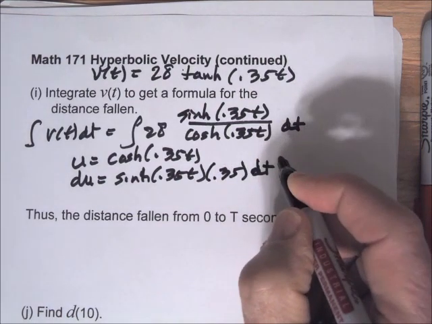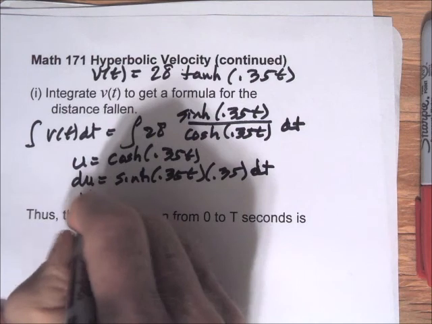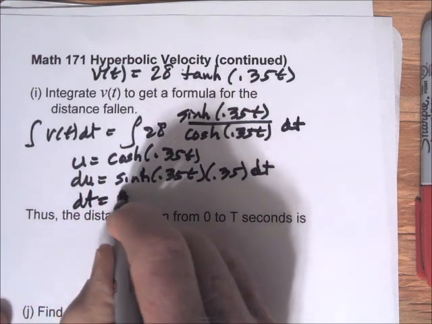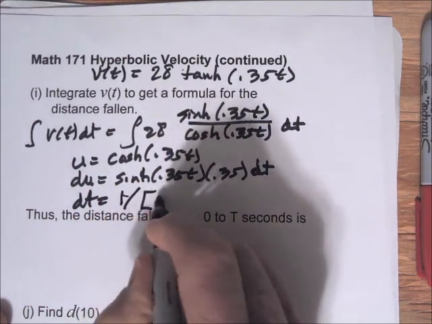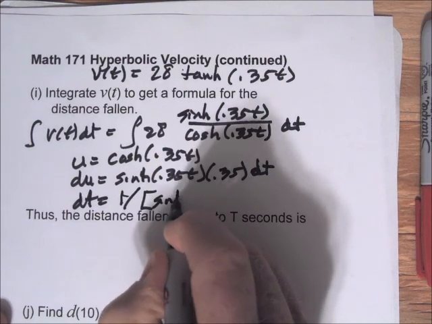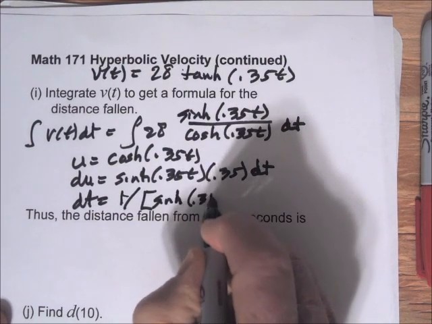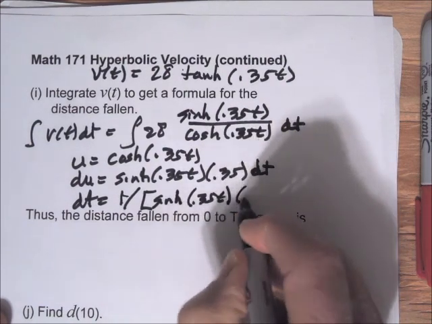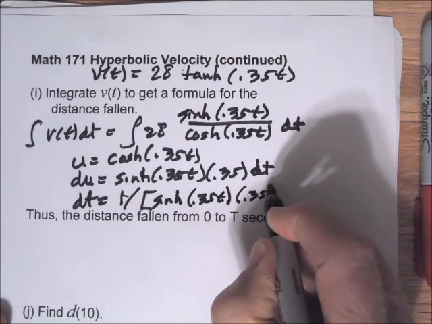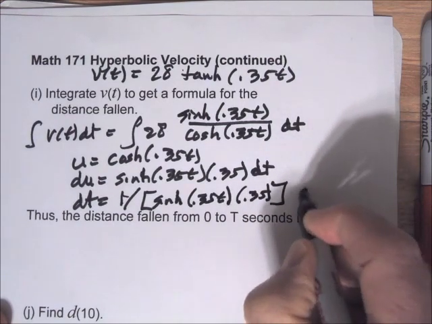So if we solve for dt, that means dt is going to be 1 divided by sinh of 0.35t times 0.35, and then this times du.